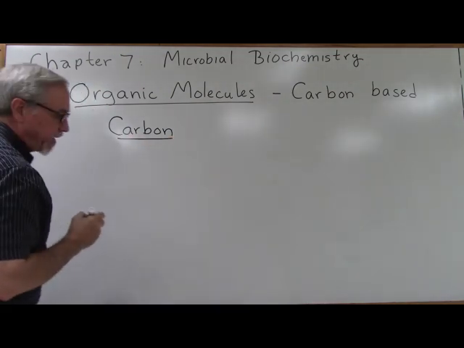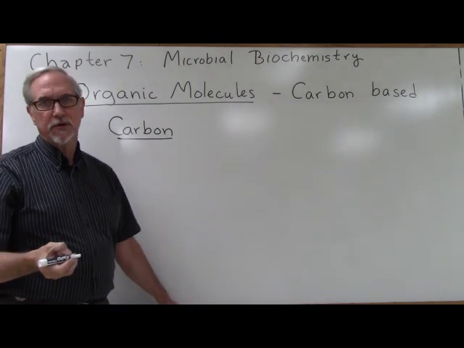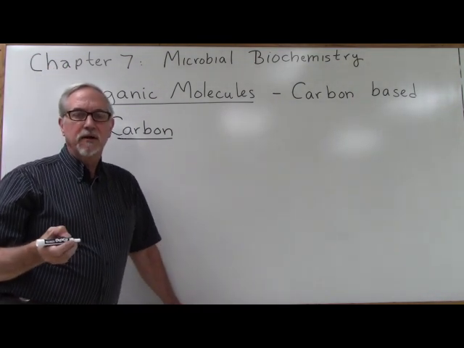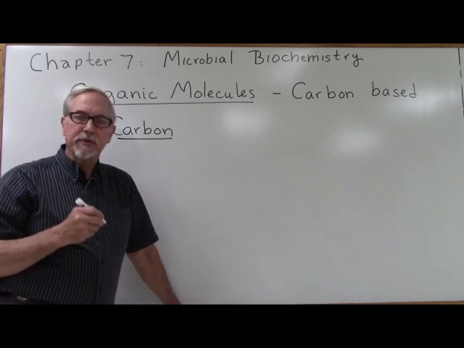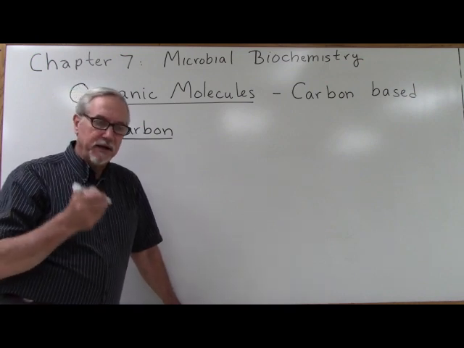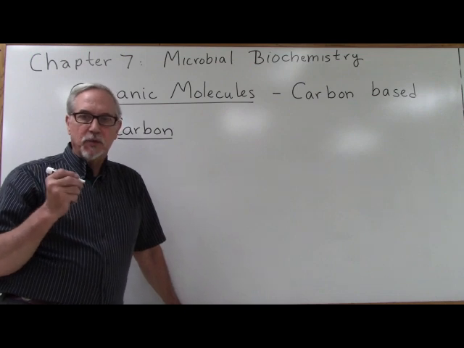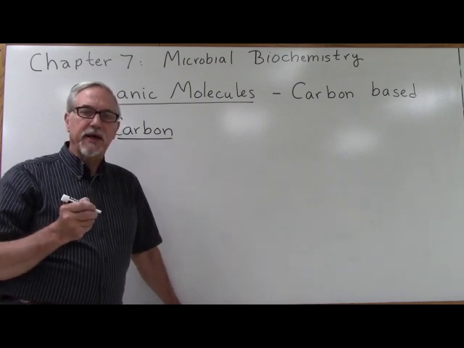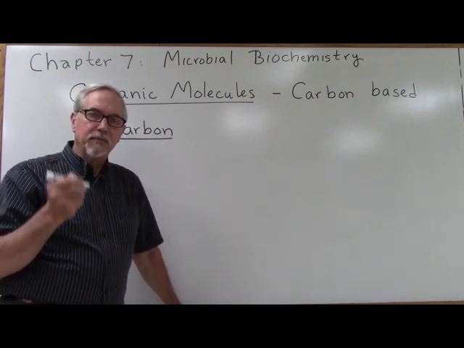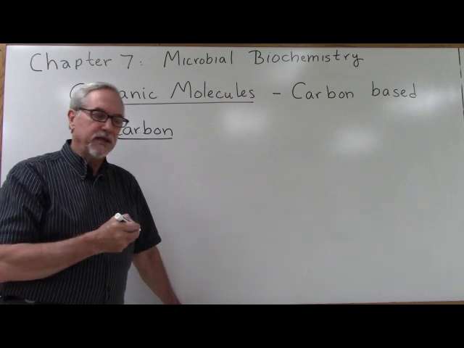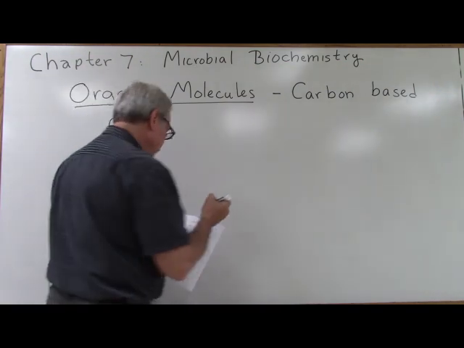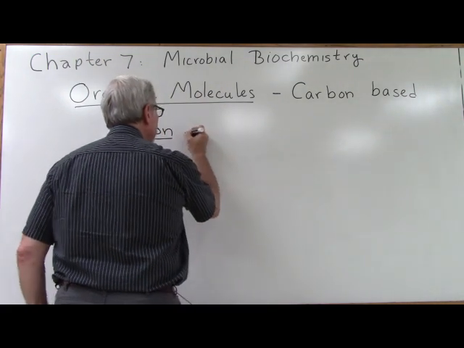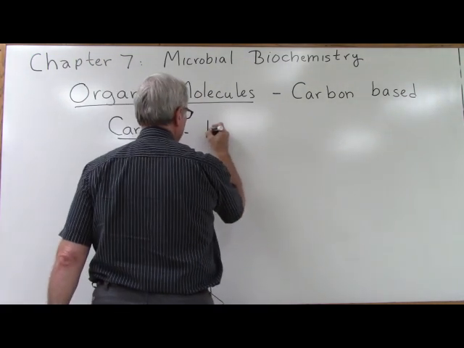It's unique in that it has a total of 6 electrons. 2 are in an inner shell that can only hold 2, which leaves the 4 remaining electrons in an outer shell. And the outer shell is what's important when thinking about how elements interact with other elements. The outer shell electrons are called valence electrons. So carbon has 4 valence electrons.